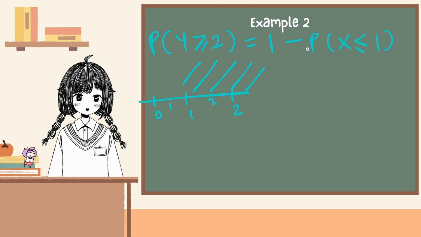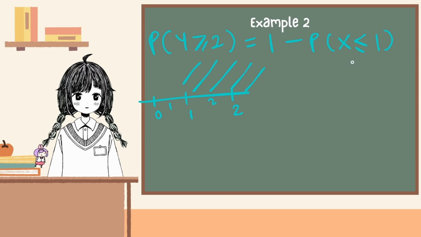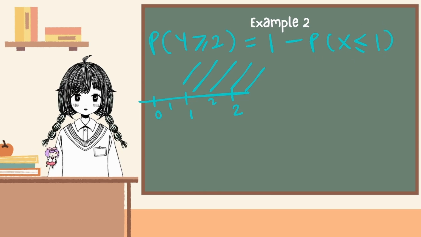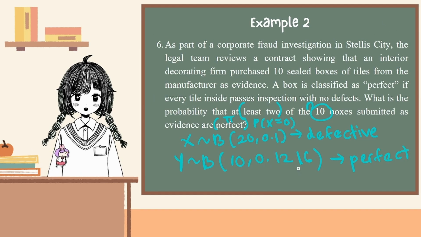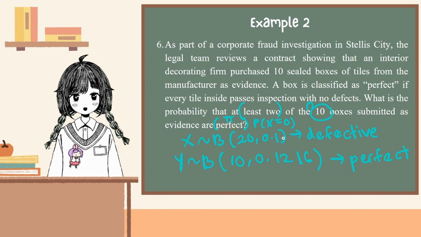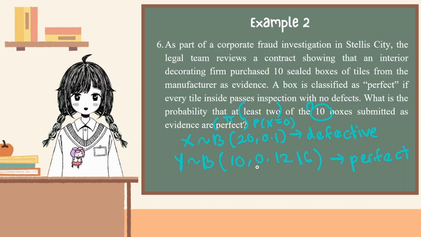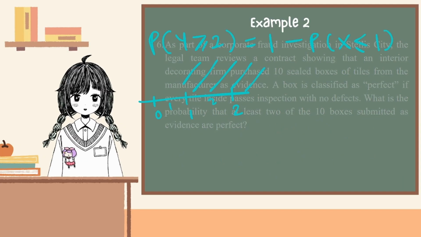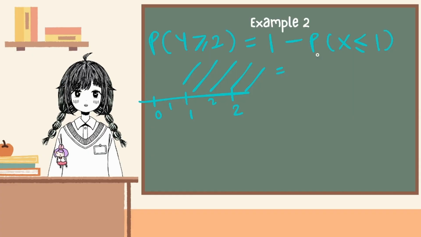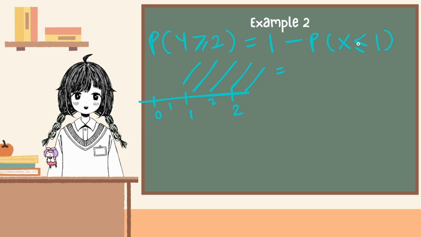The thing about this is we cannot really solve this using the stat table because our pi here is 0.1216, and this number is not provided in the stat table. So what we do is we will have to do it manually using the equation.